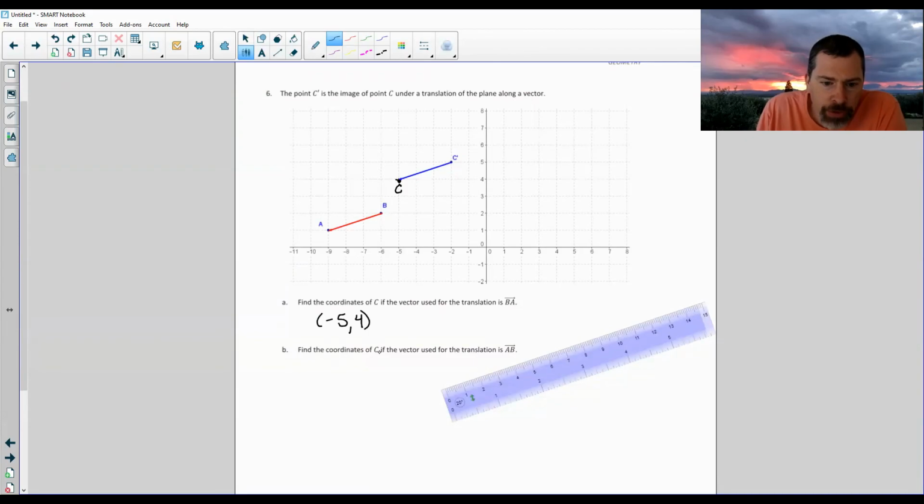Now it says find the coordinate of C if the vector used for the translation is A to B. So now all we're doing is rotating this vector around. I will just do it this way because you just use a ruler. Now we're going from A to B. Vectors tell us direction and distance.